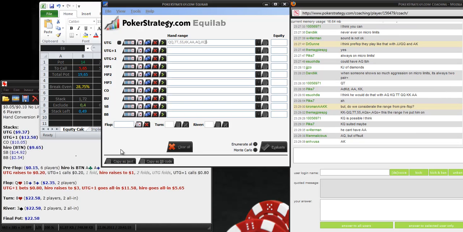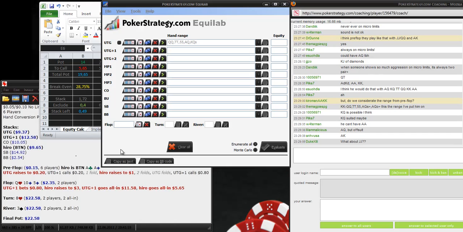Let's actually exclude pocket aces and pocket kings, since it's very likely that the opponent would 4-bet with them, and we already blocked the aces, and there's just one pair of aces which is possible.